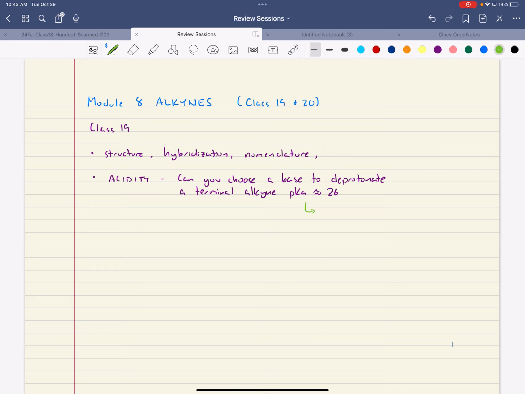And so, for instance, a better way to set this up is to say that you have a terminal alkyne, which has a pKa of 26.